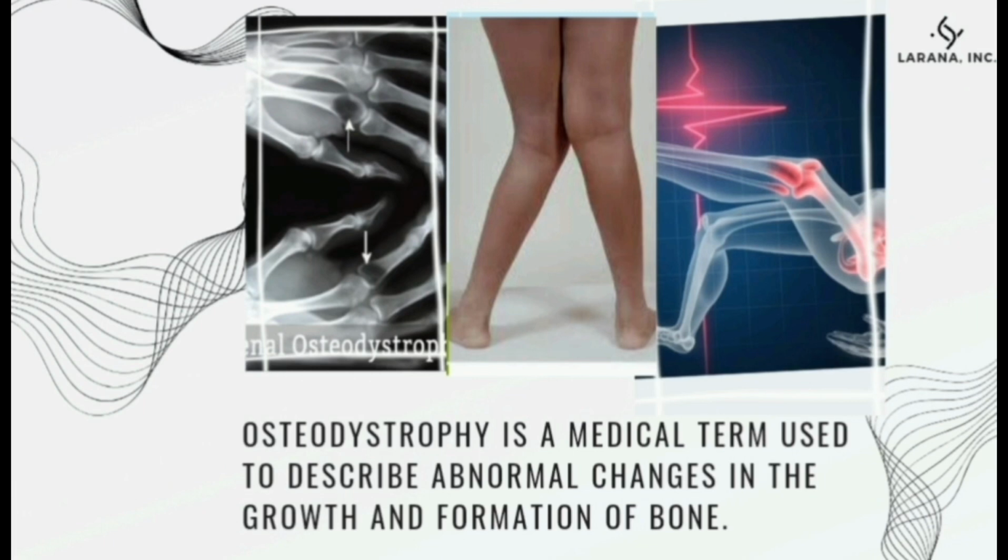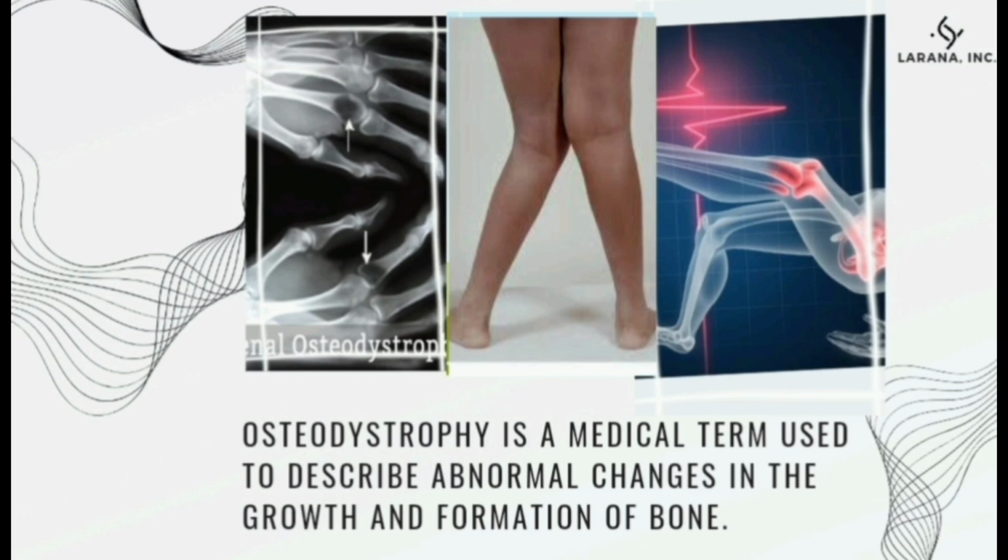Osteodystrophy is a medical term used to describe abnormal changes in the growth and formation of the bone. It is most commonly the result of chronic kidney disease. In children, osteodystrophy can cause bone malformation and short stature, while adults may experience brittle bones and fractures.